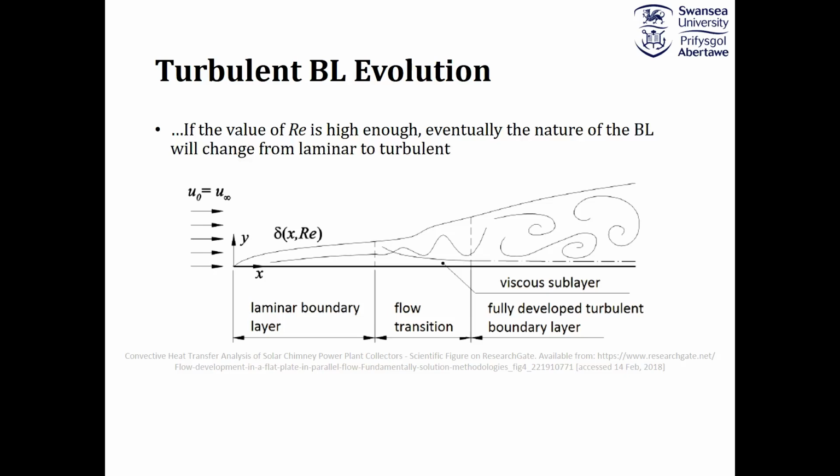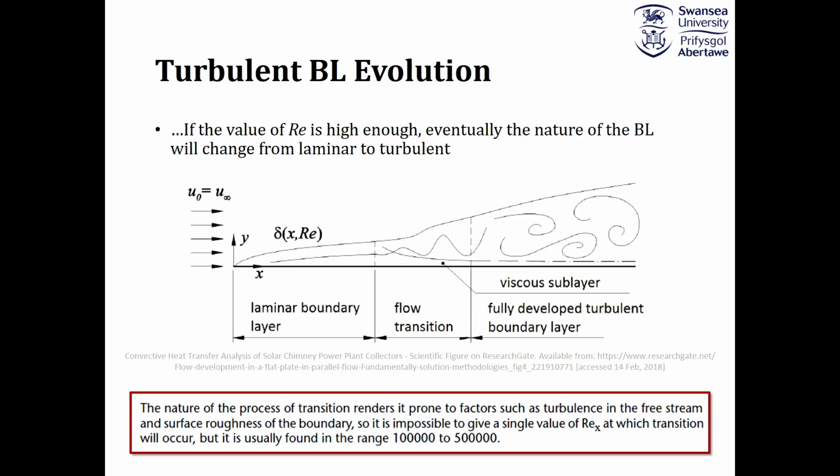Right at the start, we discussed why the wind tunnel is turbulent, so all of the free stream is turbulent. But it is possible to have a laminar boundary layer within a turbulent free stream. So the boundary layer, whatever's going on up here, will always start off laminar, and it will then transition at some point into a fully turbulent boundary layer itself.